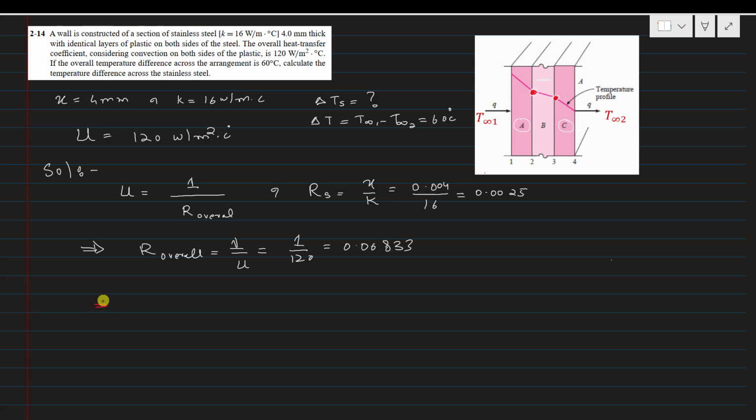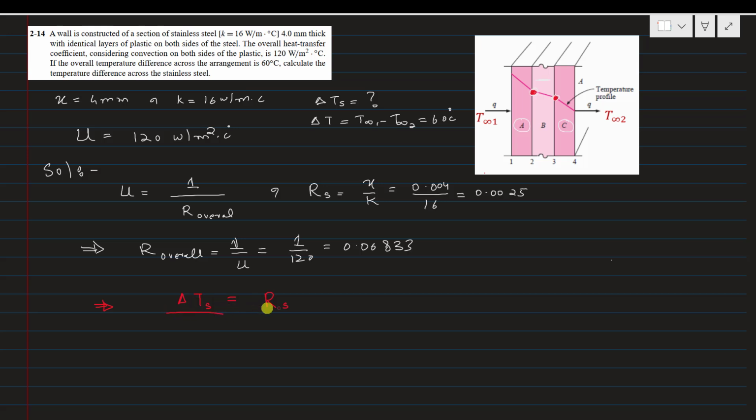Okay, so remember, temperature difference has a direct relationship with the resistance. The higher the resistance, the higher the temperature difference you will observe. So the temperature difference across the steel has a direct relationship with the resistance offered by the steel section, so this is RS.